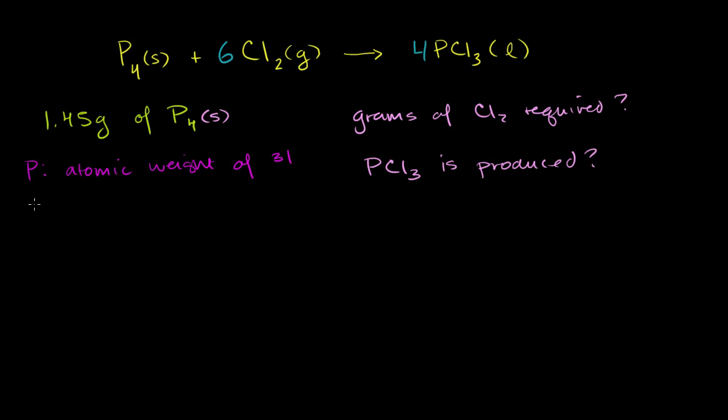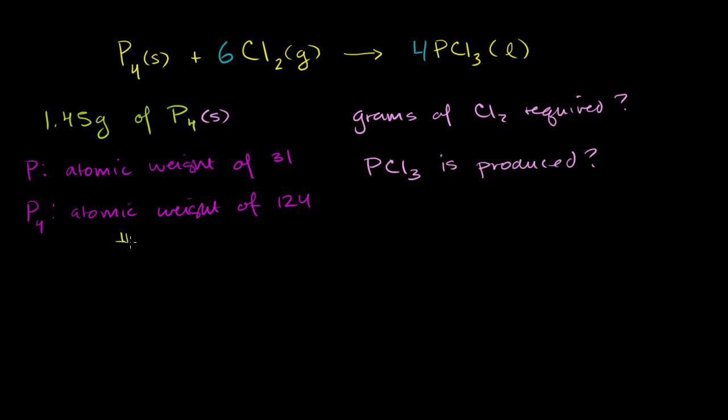Now, if you look at the atomic weight of P4, or a molecule that has 4 phosphorus atoms in it, it's going to be 4 times this. So it's going to have an atomic weight of, well, it's 4 times 31. It's 124, which means that 1 mole of, let me write it here.